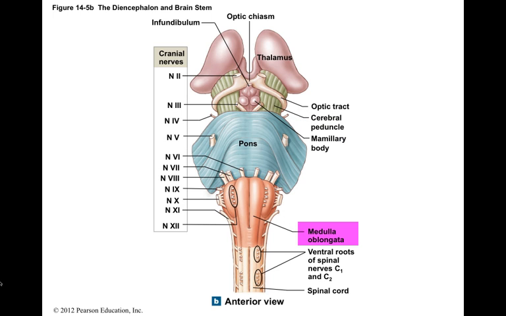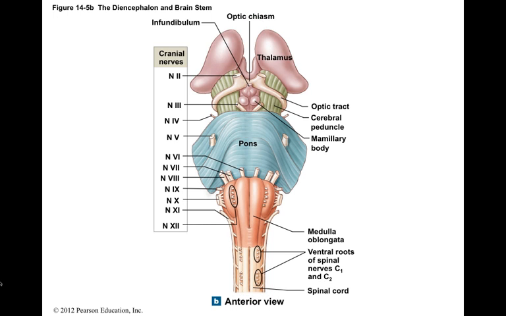The medulla oblongata is the most inferior portion of the brainstem that is continuous to the spinal cord. The inferior portion of the medulla oblongata resembles the spinal cord in that it has a narrow central canal. The medulla oblongata is a very busy place. All communication between the brain and spinal cord must travel through the tracts in the medulla oblongata before reaching other regions of the brain.